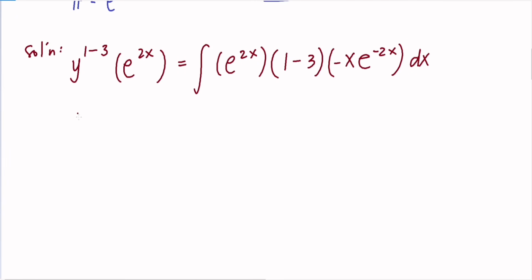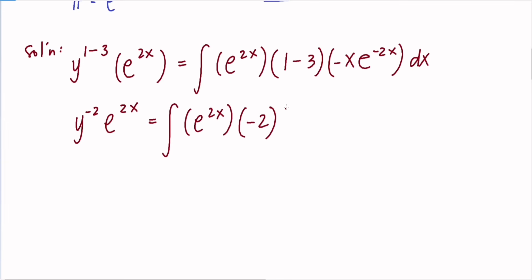So, y raised to 1 minus 3 is y raised to negative 2 e raised to 2x equals, so ito integral ng e raised to 2x multiplied by 1 minus 3 is negative 2 times negative x e raised to negative 2x dx. Okay?